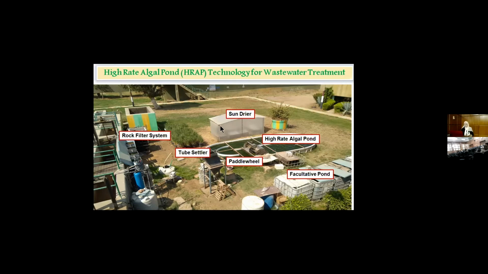In this system, we have a sun dryer, so we decrease the energy to the minimum, and we will see the potentiality of algae in next slides.